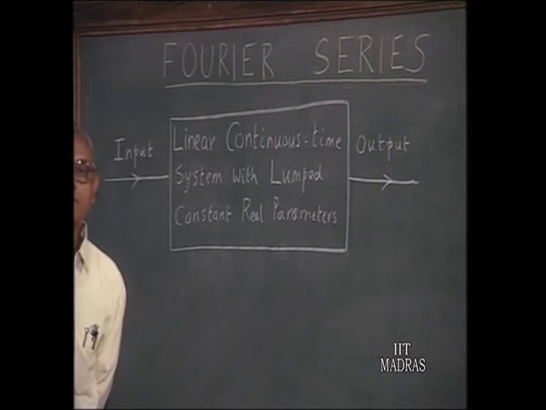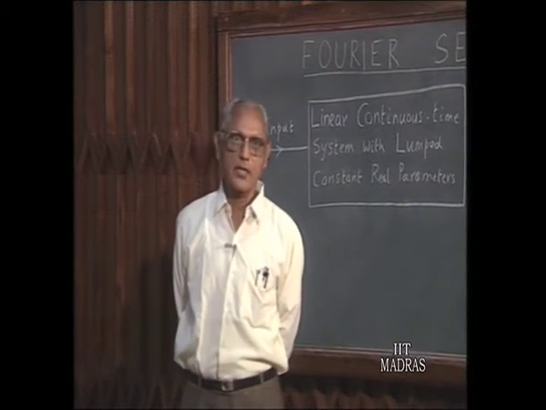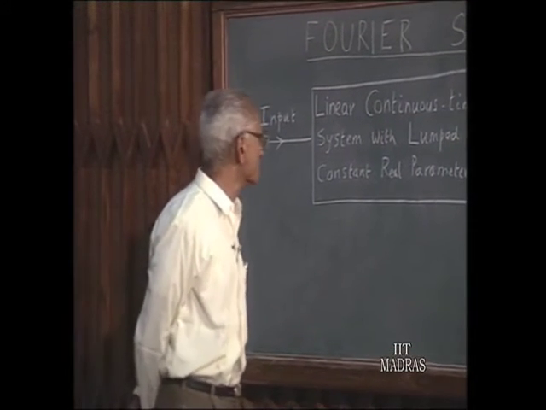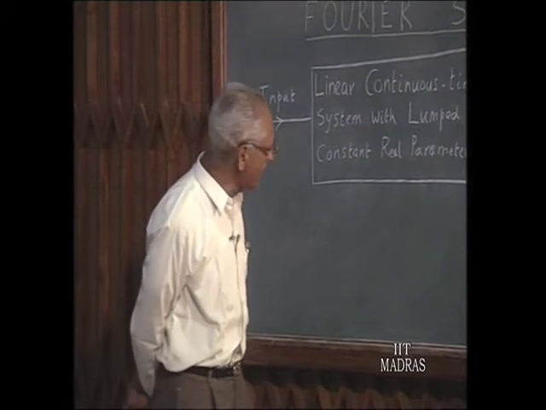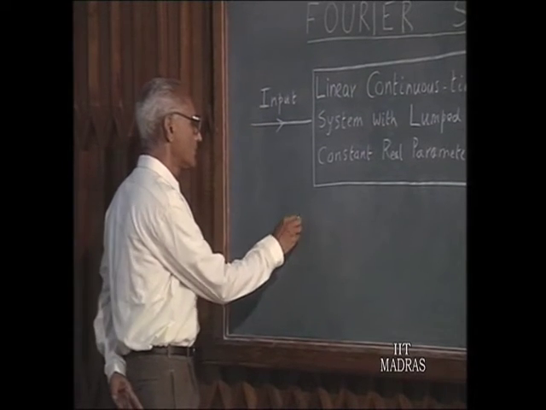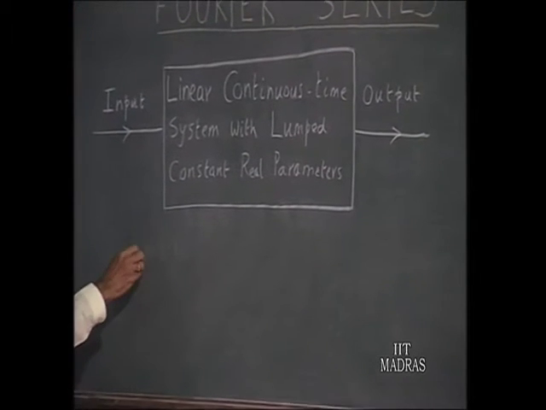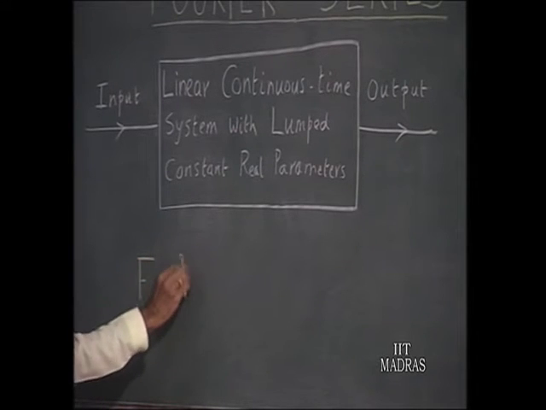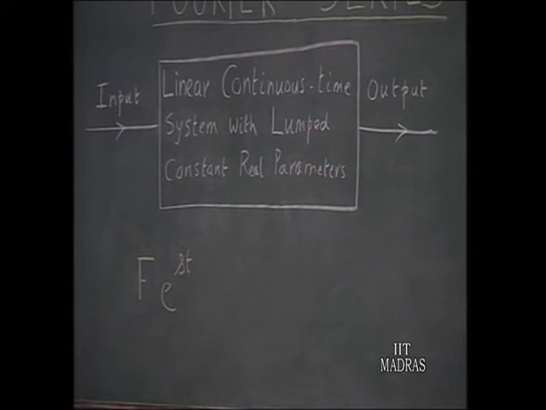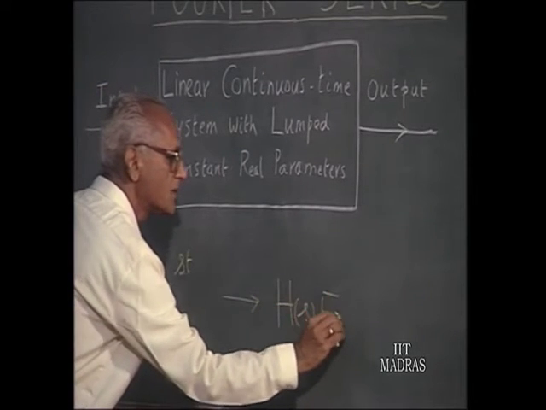Now, we also observed that a characteristic signal for such systems is the exponential function. If indeed you have an input which is of the form f e to the power of s t, then the output will be h of s f e to the power of s t.